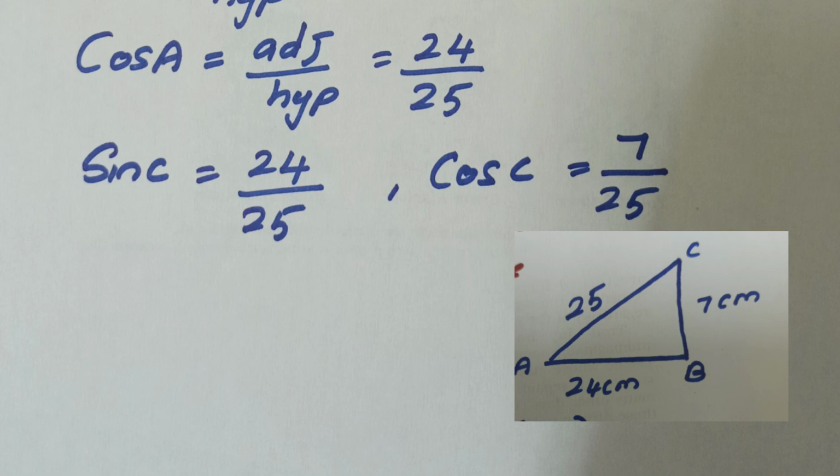Hypotenuse is 25. Now we have to find cos C. What is cos C? This is C, and the side adjacent to C is BC. Cos C is 7 by 25, and hypotenuse is 25. Okay, hope it is clear now.